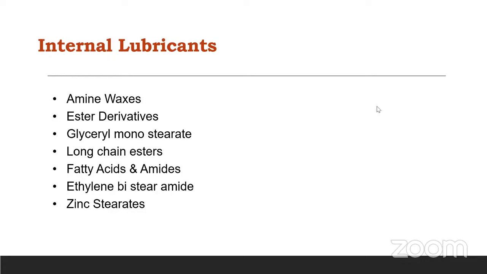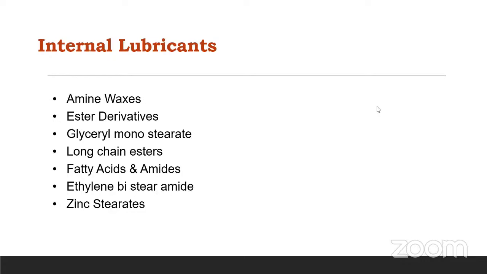I'm not getting your question clearly. Can you please explain it by giving a certain example? Yeah. In some cases, I'm not sure whether it is ABS or PP, there have been some instances where material degradation has been observed due to the usage of these external lubricants.